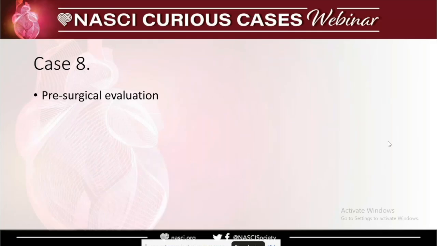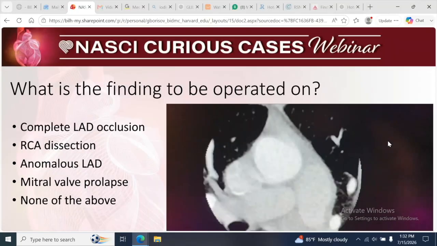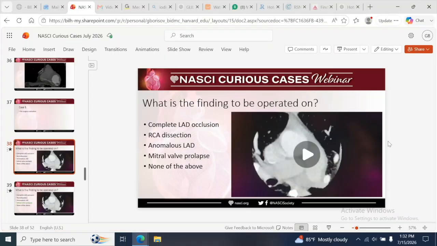Okay. The next patient came for pre-surgical evaluation, and we need to find what finding the surgeon wants to operate on. We have complete LAD occlusion, RCA dissection, anomalous LAD, mitral valve prolapse, or none of the above.